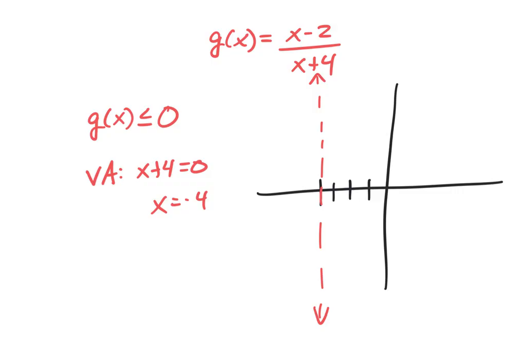Okay, so first of all, let's put this into our calculator. Is less than or equal to 0. So when is that graph negative? If I just did a real quick sketch here.